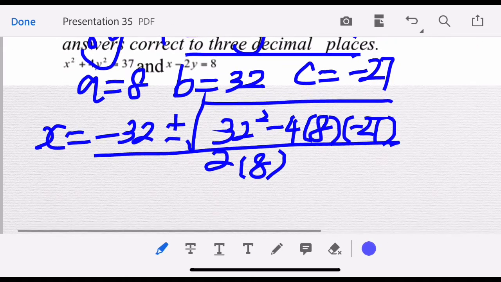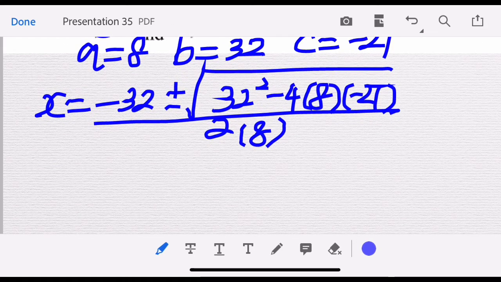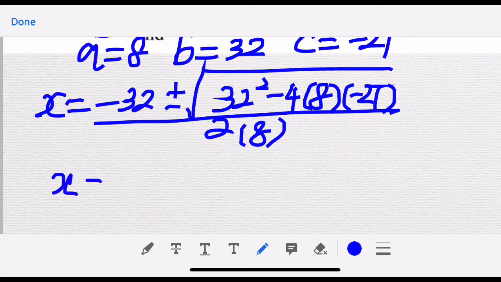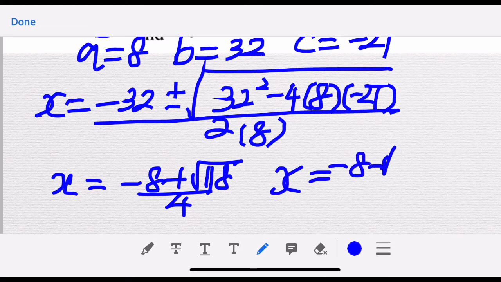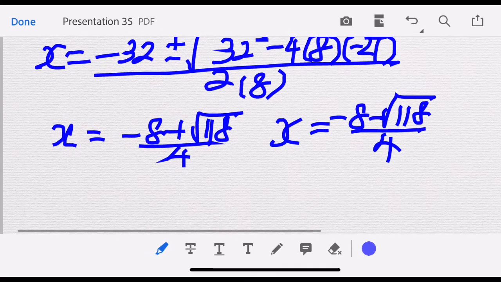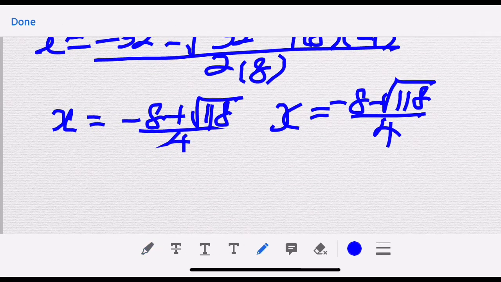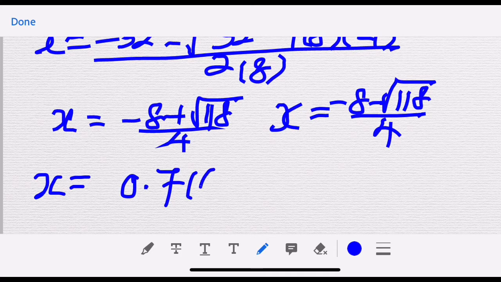If you simplify carefully, you will get negative 8 plus square root 118 over 4, and the other answer will be negative 8 minus square root 118 over 4. So you have 2 answers. Then you write down in 3 decimal places.